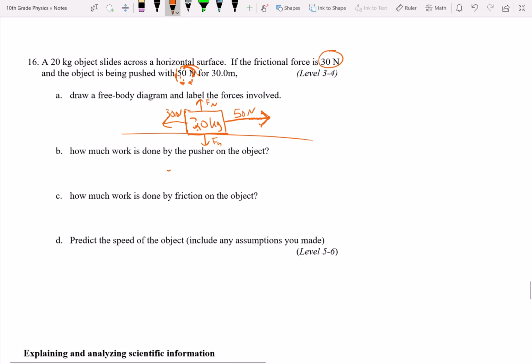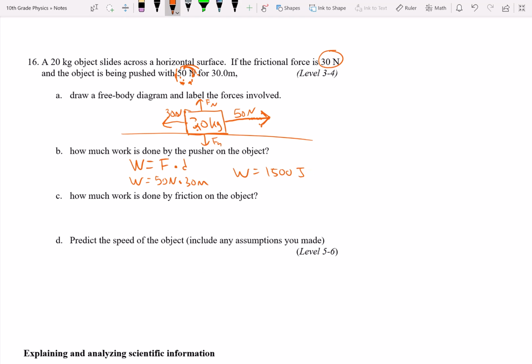So remember, work is force times displacement. In this case, the person is applying 50 newtons of force times 30 meters. And so this person is doing 1,500 newton meters, or joules, of work.